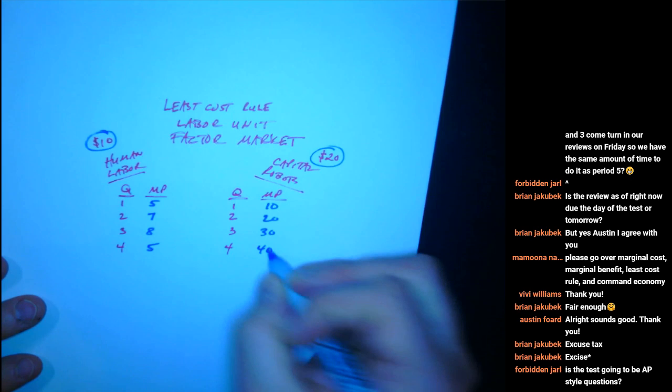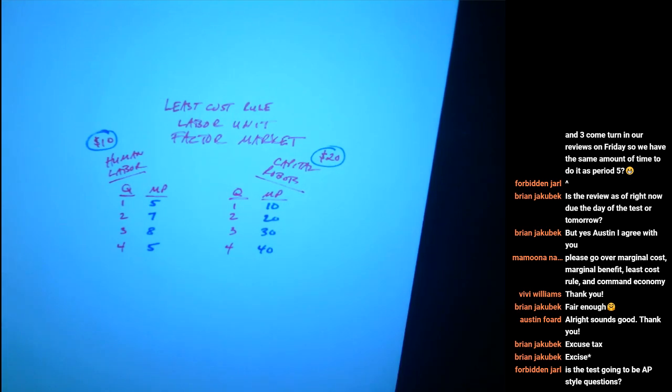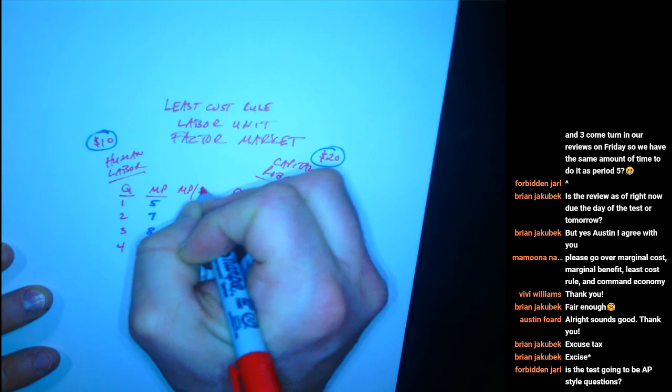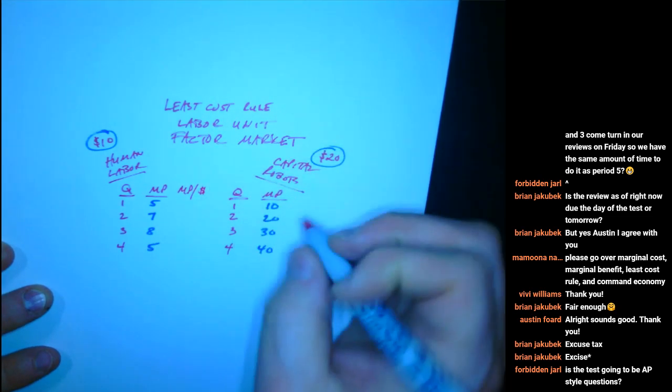So what you want to do here, the least cost rule, is you want to decide how much of each factor you're going to hire. So it's marginal product divided by the wage.